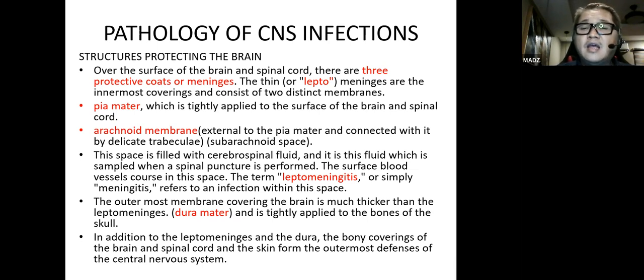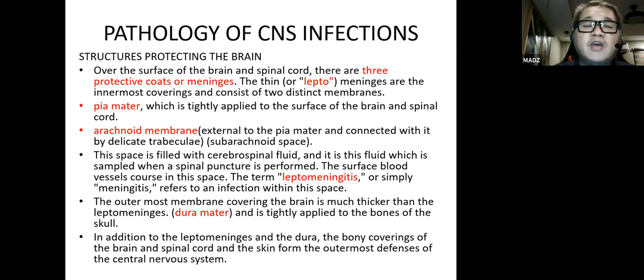The thin leptomeninges are the innermost coverings and consist of two distinct membranes: the pia, which is tightly applied to the surface of the brain and the spinal cord, and the arachnoid membrane, which is just external to the pia mater and is connected with the pia mater by delicate trabeculae. The space between the pia and the arachnoid membrane is called the subarachnoid space.